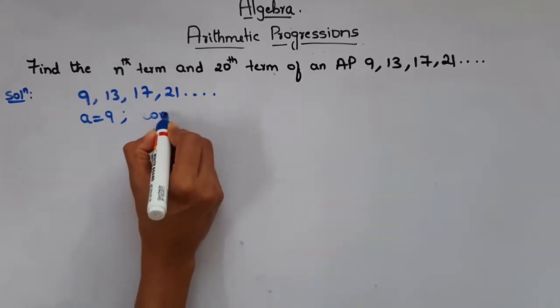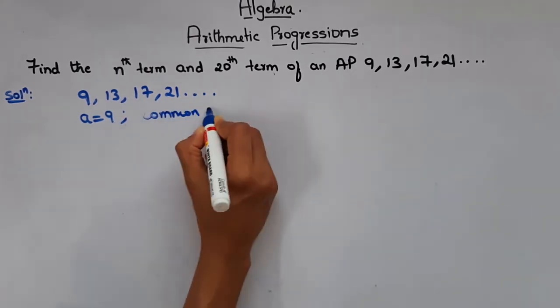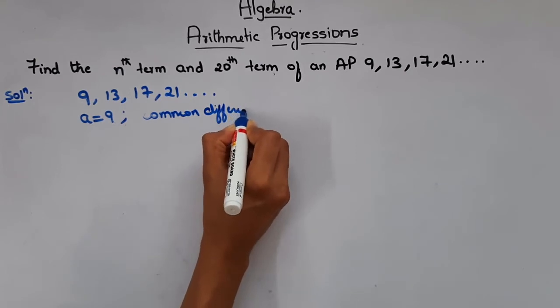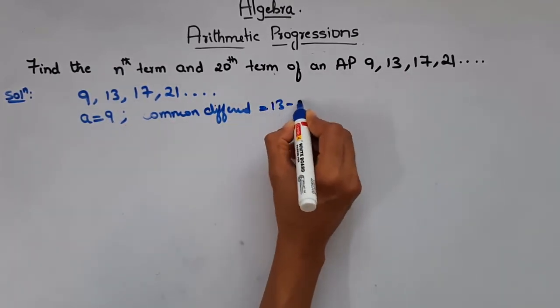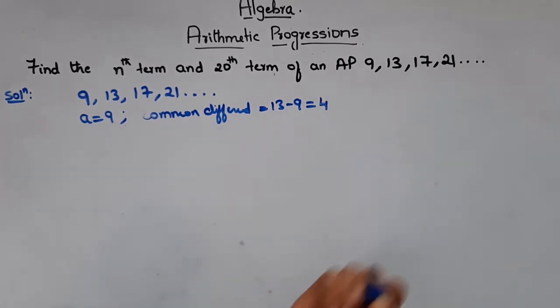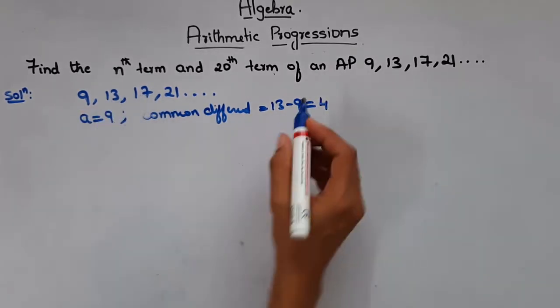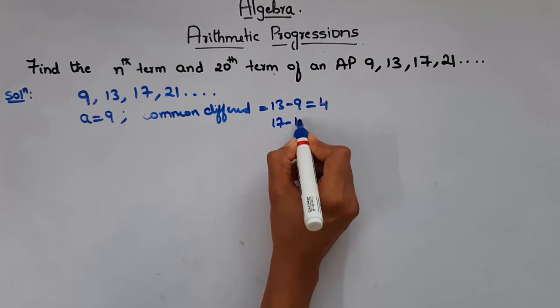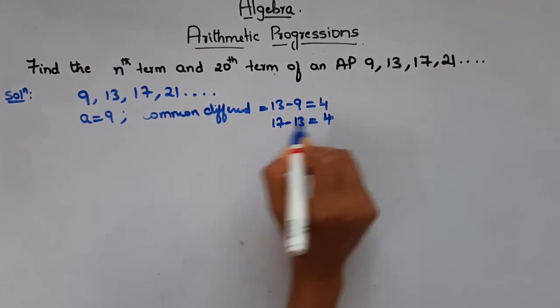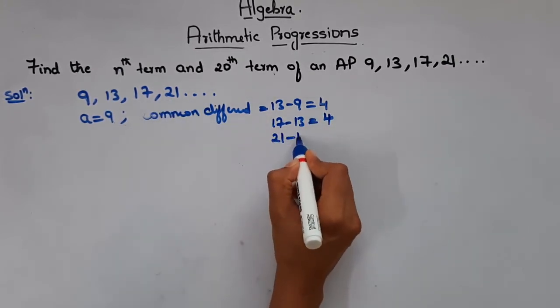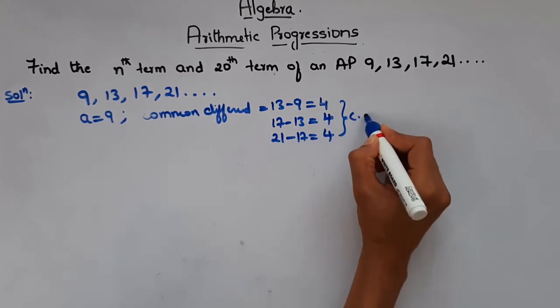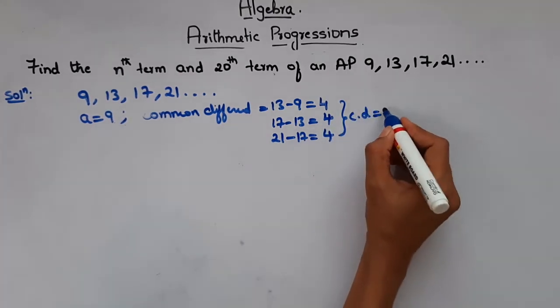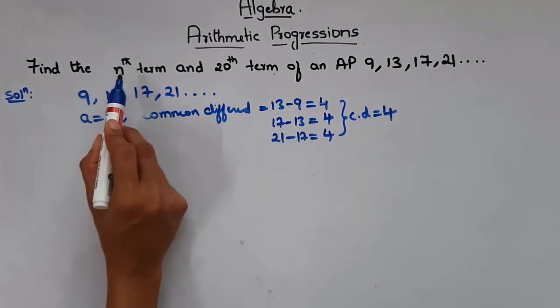The common difference is 13 - 9, which gives you 4. Similarly 17 - 13 will also give you 4, and 21 - 17 will also give you 4. So the common difference is 4.